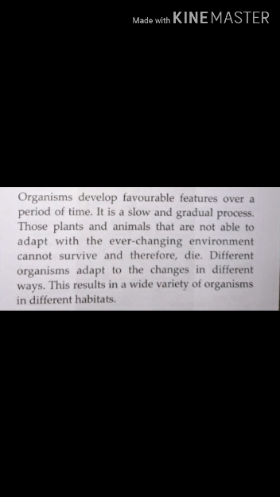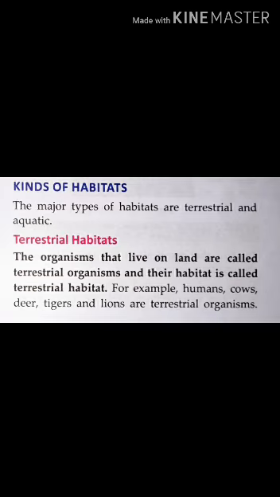It is a slow and gradual process. That means the process is very slow and it is continuous. And organisms which cannot adapt themselves, they die, just like dinosaurs, because they did not adapt to their surroundings. That is why they died.